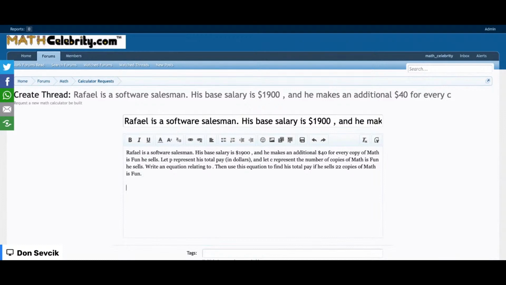The student typed this in, so there's missing information, which I'm filling in. I'm going to repaste this with my information filled in. We want a sales function or equation S of C, where C is the number of copies of Math is Fun.